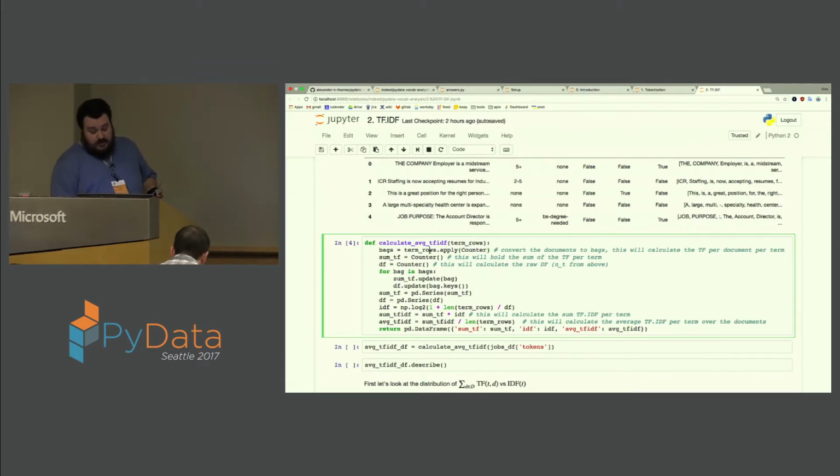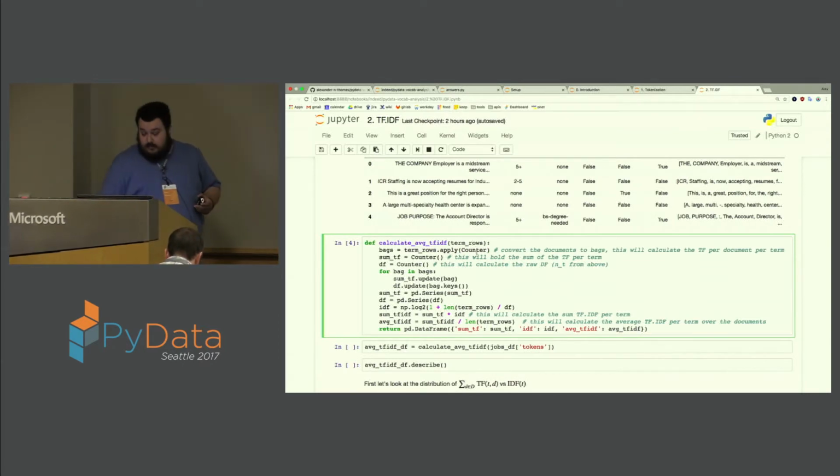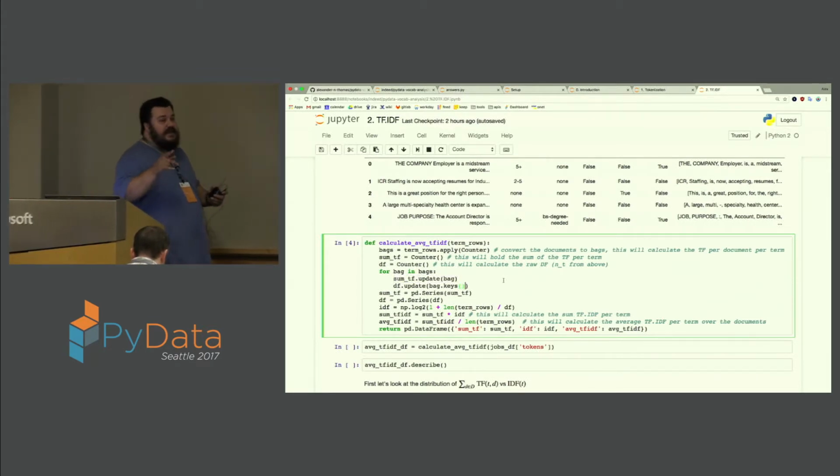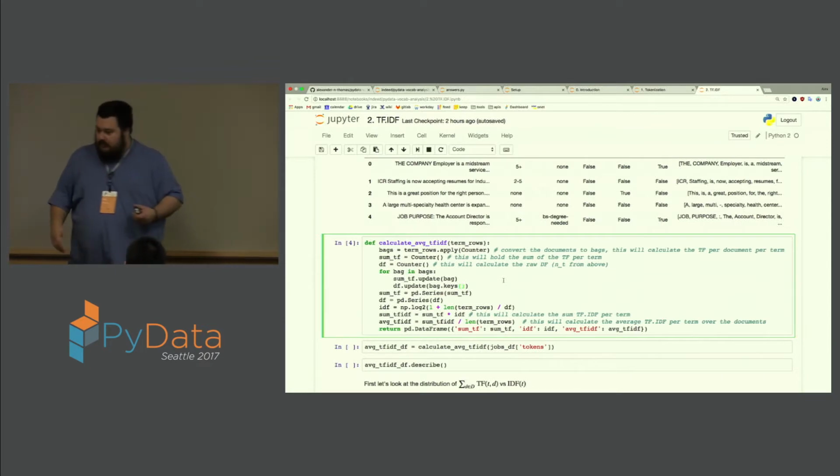We're just going to take our term rows, pass something in here, and produce counts. Then we're going to sum up those counts, so we'll get the sum of the term frequency. And we'll get the document frequency from those as well by summing up just the keys, so we get just 1 per document.